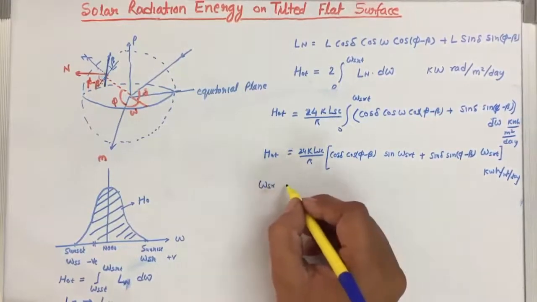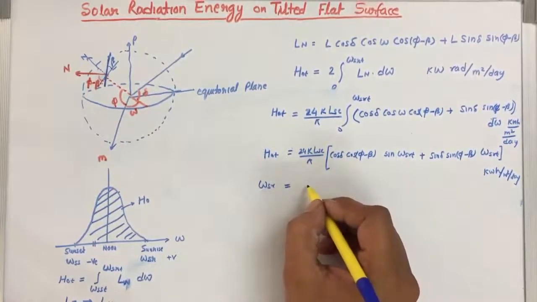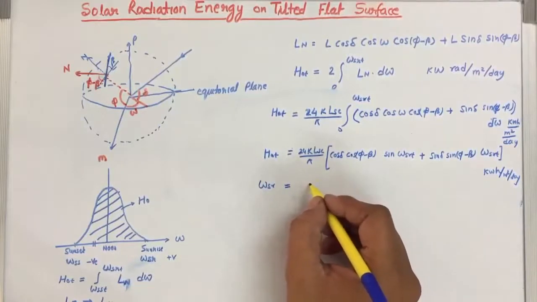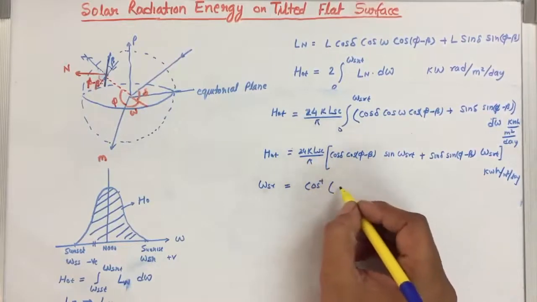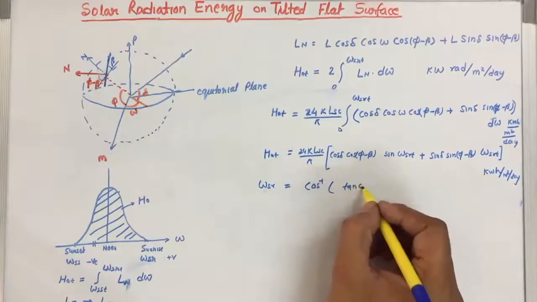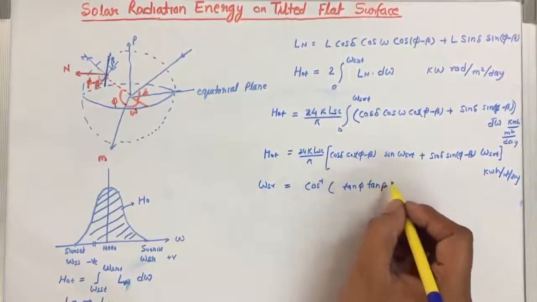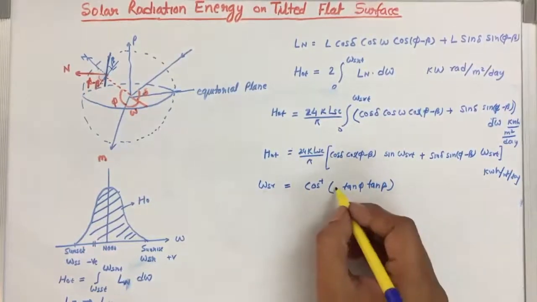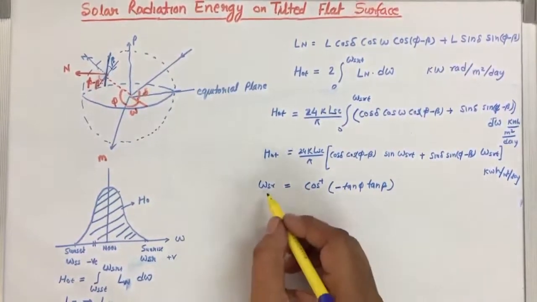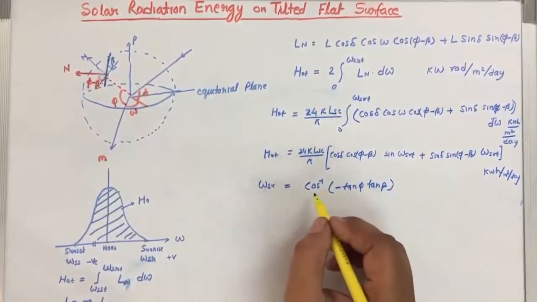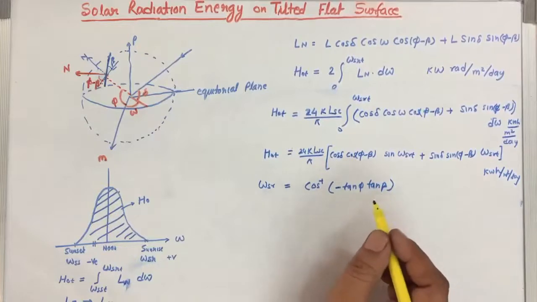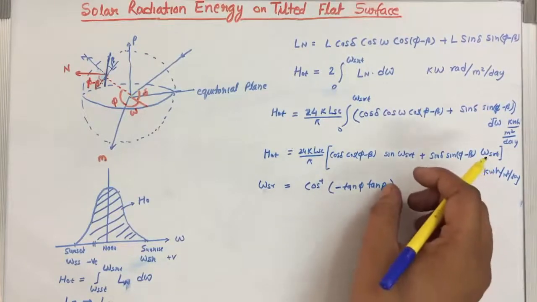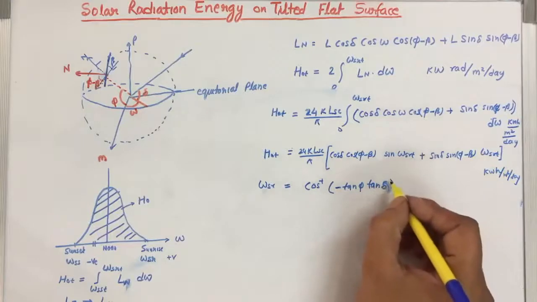Omega SR was, if I can remember, cos inverse of minus tan phi and tan delta. Yes, the hour angle was equal to the cos inverse with minus sign tan phi and tan delta. Sorry, there was no beta, there was delta.